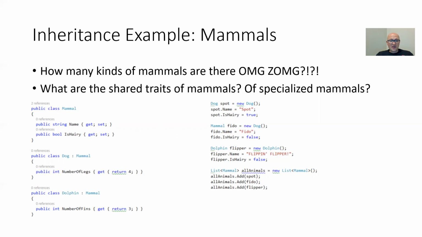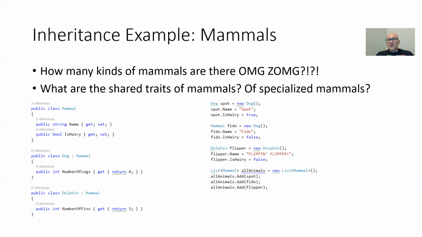So we've set up this inheritance relationship, and then over on the right, you can see that I'm creating a dog, and a dog is a mammal, so a dog has a property named name and is hairy. Another thing here is you can see that so far, when we've created lists or arrays, we've required that all the elements in the list or the array are of the same type.